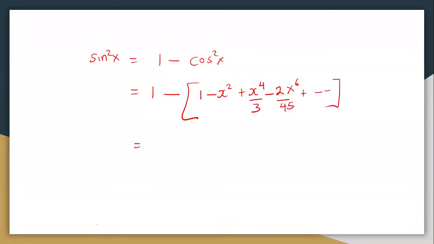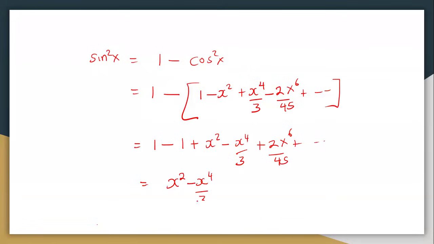Now when we subtract, we have 1 minus 1 plus x squared minus x power 4 out of 3 plus 2x power 6 out of 45, then other terms can come. So your expansion will be x squared minus x power 4 out of 3 plus 2x power 6 out of 45, then other terms. So this is our sine squared of x.